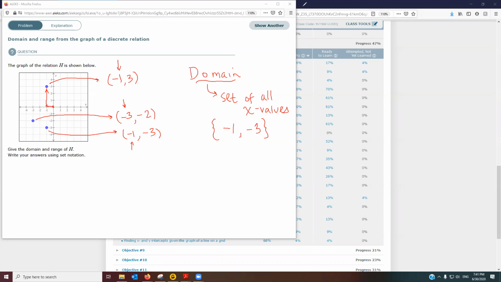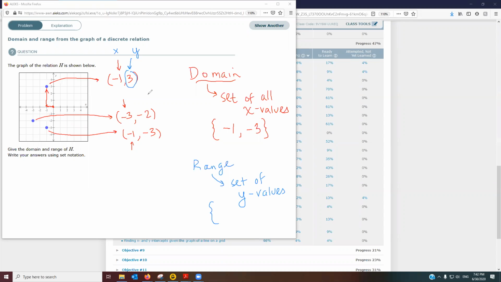All right, what about the range? Well, the range is the set of y values. By the way, remember, these are written x, y. The x value always comes first. The y value always comes second in these xy points. So for the range, the set of y values, I just have to look at the y values.